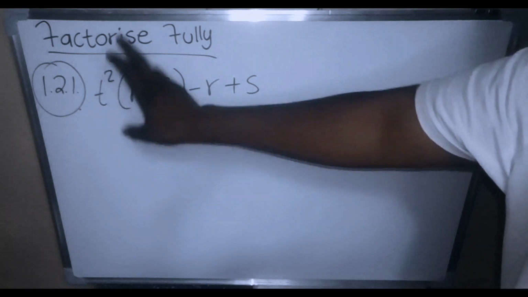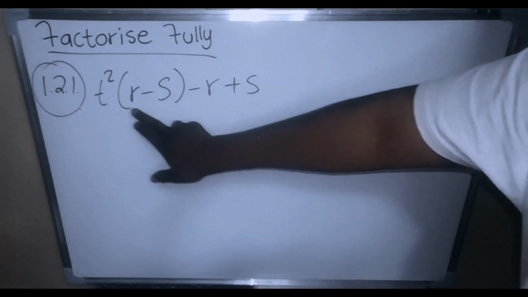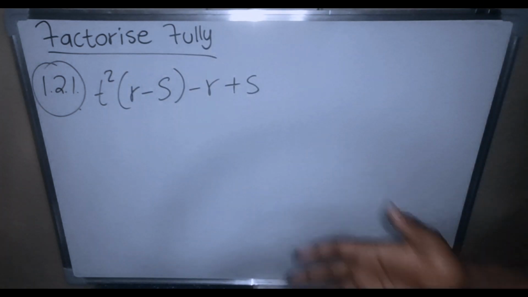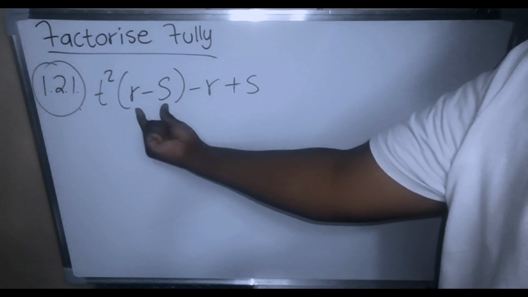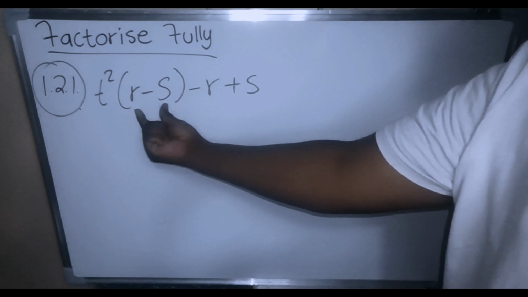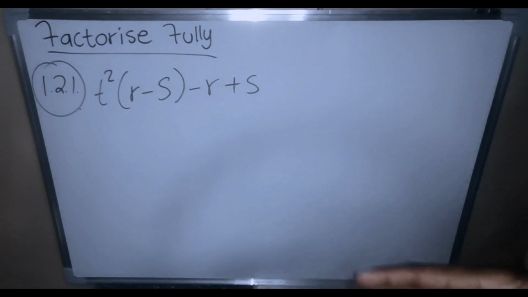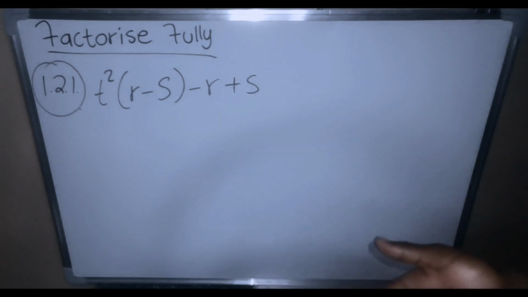In this case, I've got one bracket of r minus s, meaning let us find another bracket that will be the same as this one of r minus s. Or we can literally find two brackets that are the same.